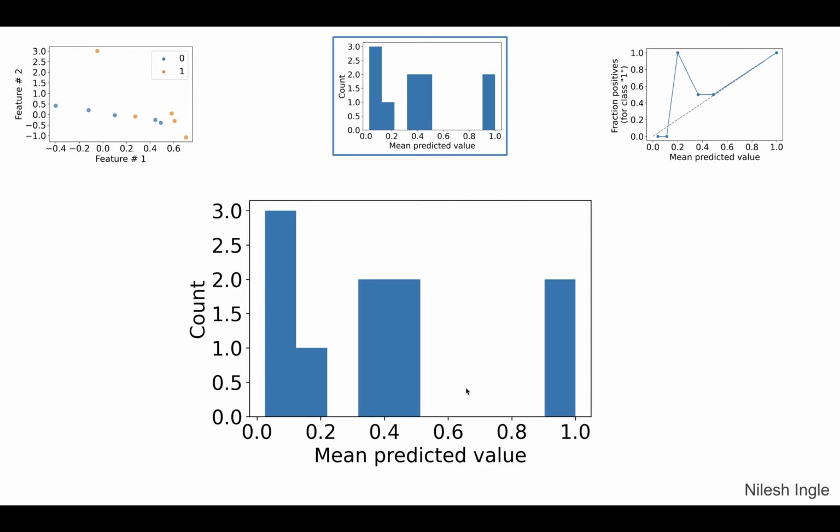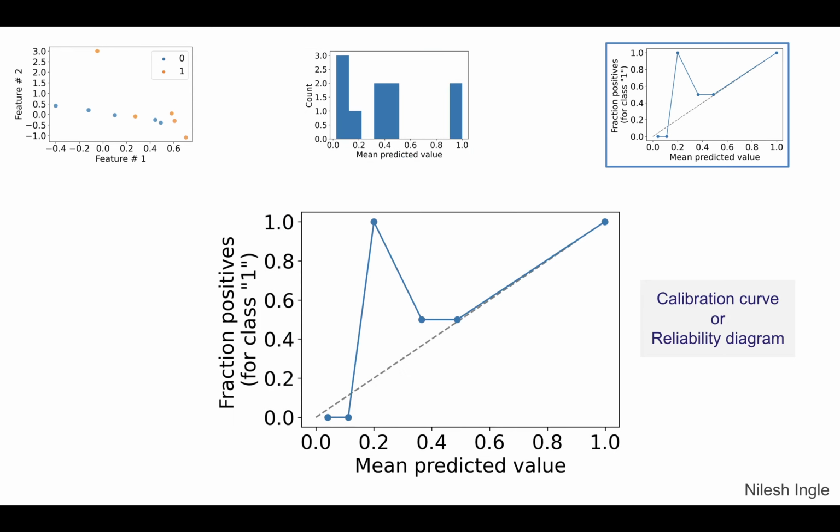Those would be on the x-axis when we plot the calibration curve, which is here. So these are the mean predicted values and these are the fraction positive values, that is the number of positives divided by the total number of records in that bin.